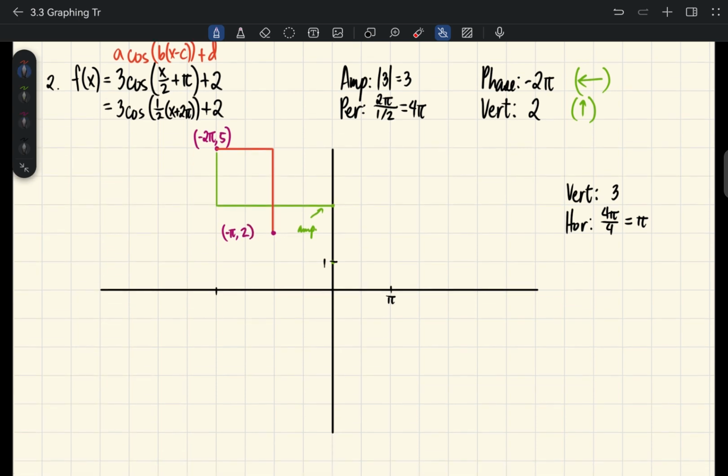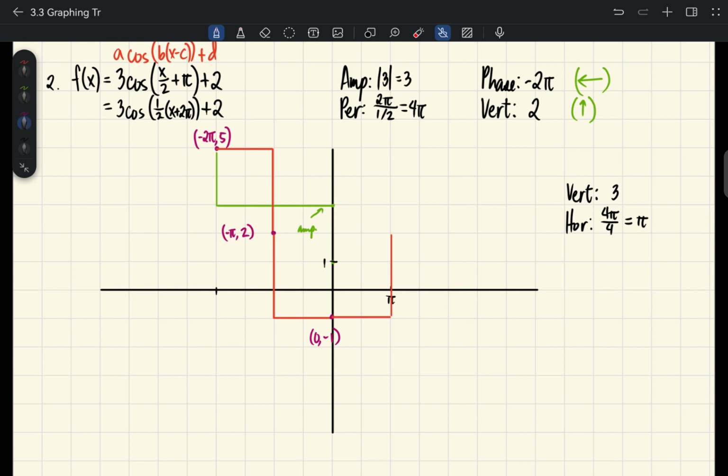Then from here, we move 3 units down and pi units to the right. So we have the point right here, negative pi plus pi, that's 0, comma, 2 minus 3, that's negative 1. Then from here, we move pi units to the right and 3 units up.